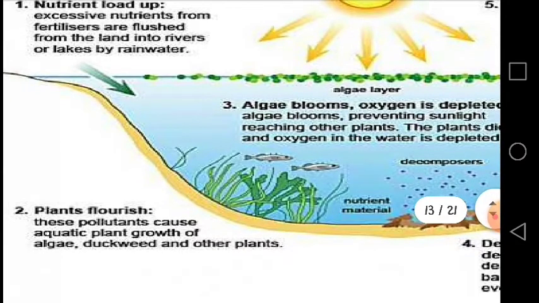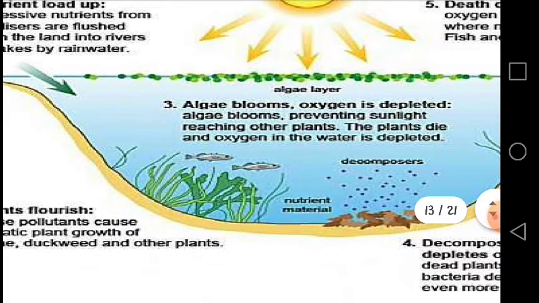Plants flourish. These pollutants cause aquatic plant growth of algae, duckweeds, and other plants. Algae blooms, oxygen is depleted. Algae blooms prevent sunlight from reaching the other plants, and the plants die and oxygen in the water is depleted.